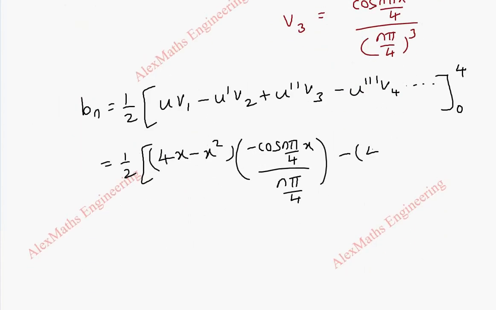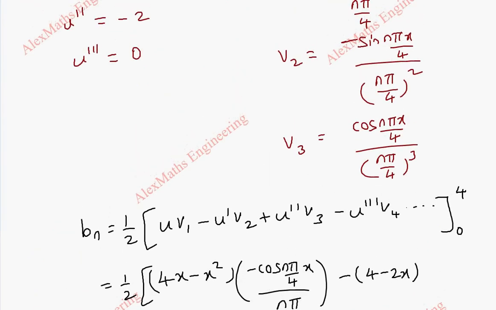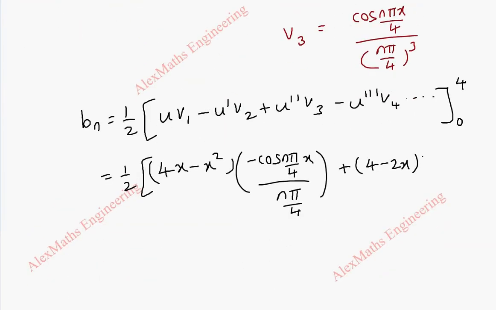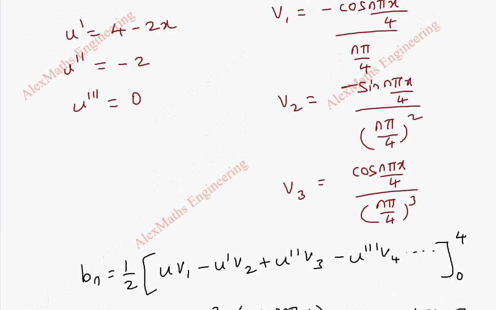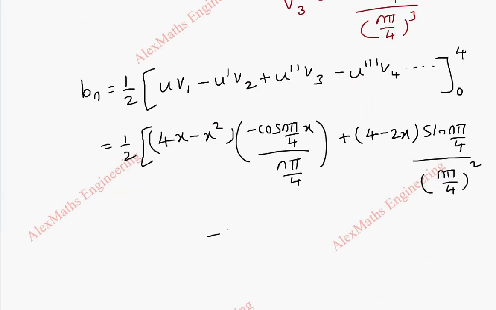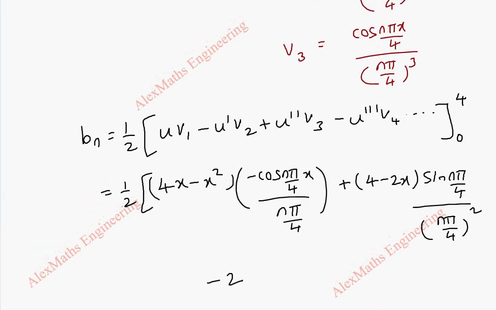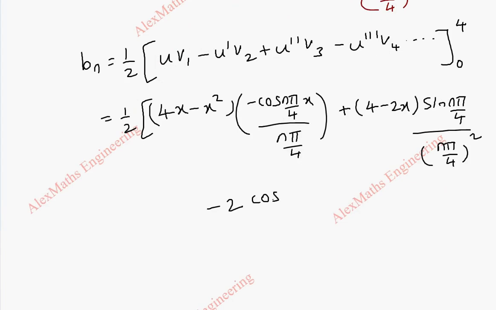So minus 4 minus 2x into v2, which is minus sine n pi x by 4, so we can make this plus sine n pi x by 4 by n pi by 4 whole square. Then plus u double dash, which is minus 2, so minus 2 into v3, cos n pi x by 4 by n pi by 4 whole cube.